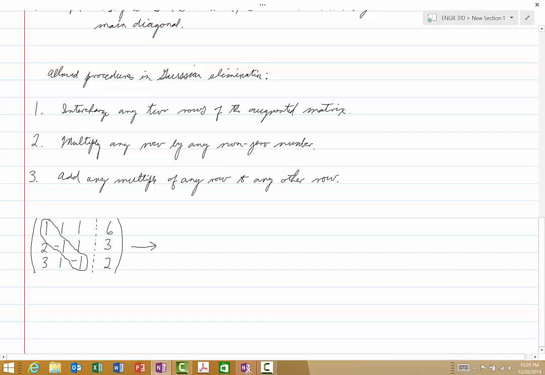Okay, now the key to doing the Gaussian elimination procedure is to eliminate these non-zero terms below the main diagonal, and we're going to go from top to bottom and from left to right. And you'll see what that means right away. So going top to bottom and left to right, that means that we're first going to eliminate this 2, then we're going to eliminate the 3, and then we're going to eliminate the 1.